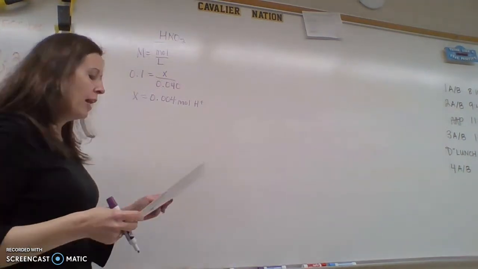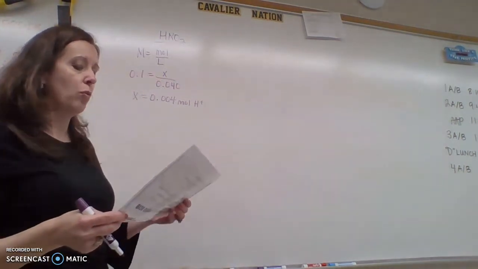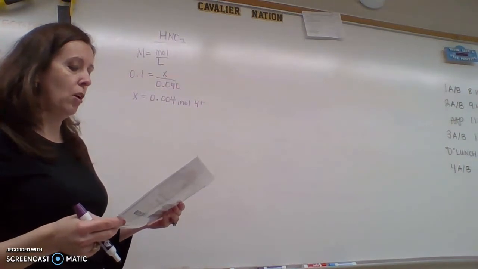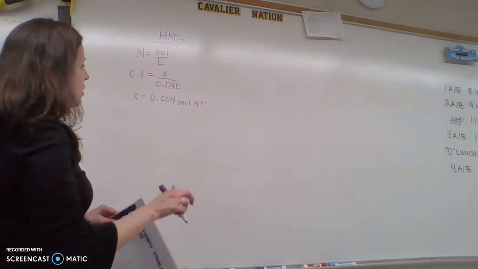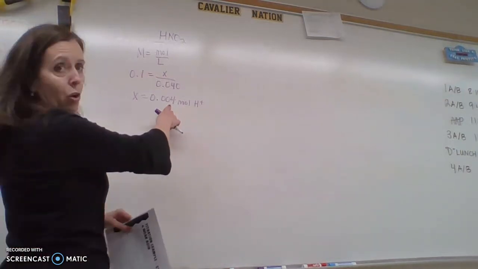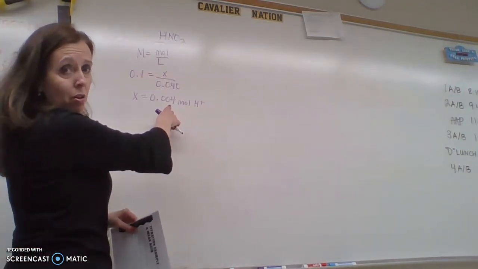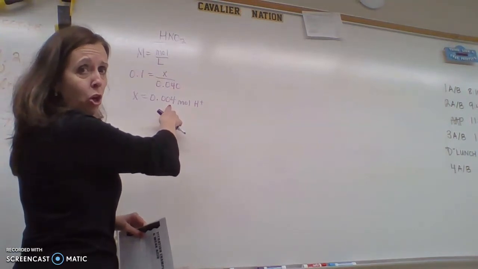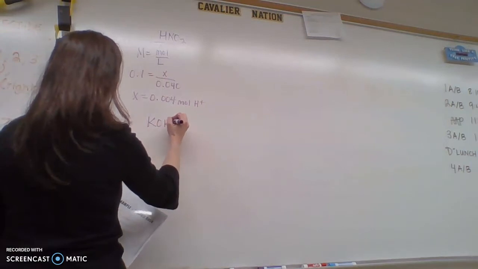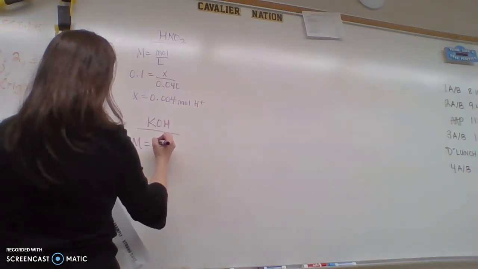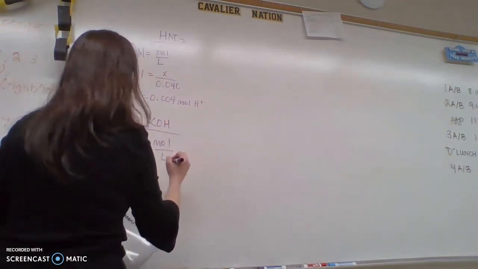On letter A, it says the volume required to reach the equivalence point. Here's what I've got to figure out. The equivalence point means I would have just as many OHs as I have Hs. That's what equivalence means. The moles are equal. So if I look at the base, what's the base I have here? KOH, molarity equals moles over liters.